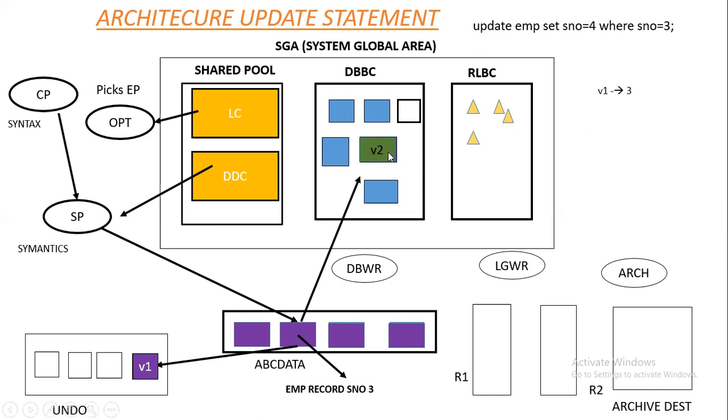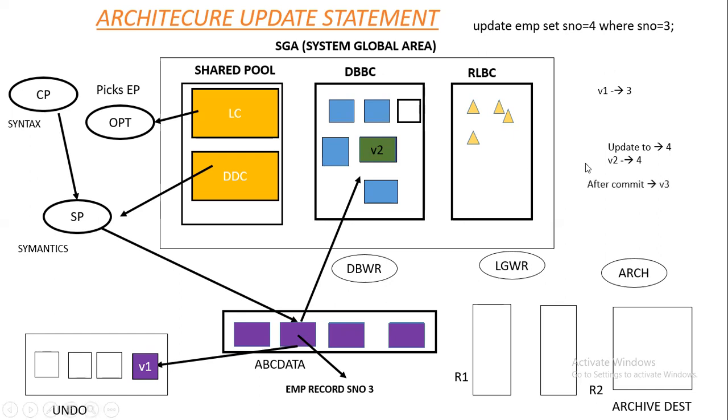But V2 is uncommitted. Whenever V2 is uncommitted, a redo entry will be created in the redo log buffer cache. For both uncommitted and committed transactions, it creates a redo entry. So update to 4, V2.